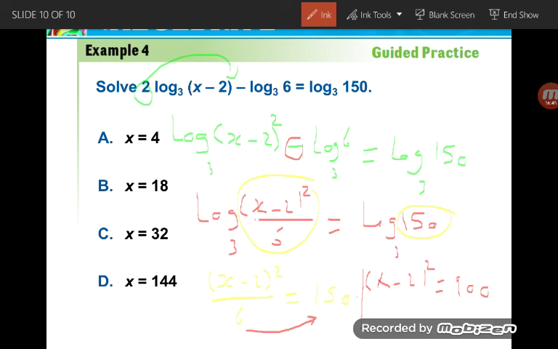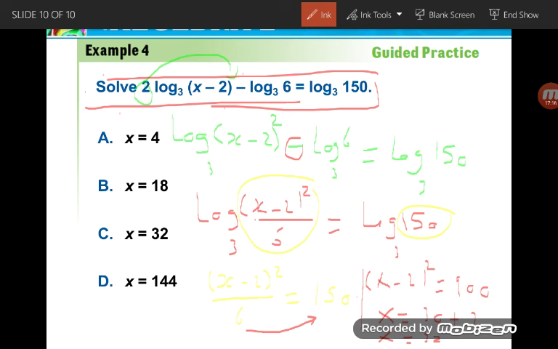By taking the square root, the answer will be 30, the square root of 900 is 30. Then you have to move negative 2 to the right hand side, so x is equal to 30 plus 2. So the final answer for x is 32, which is C.